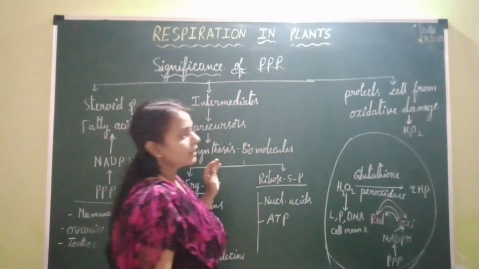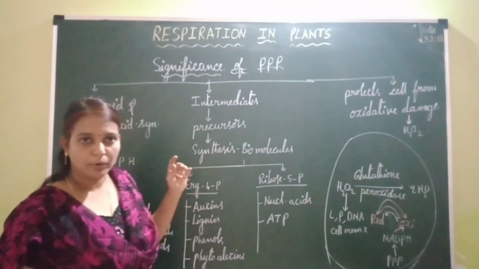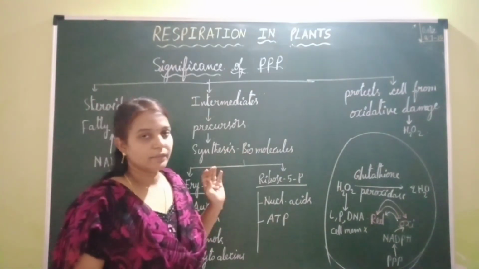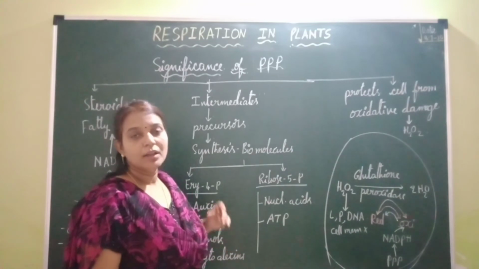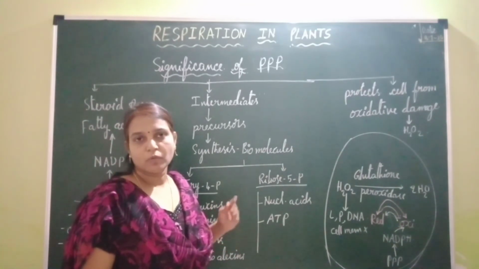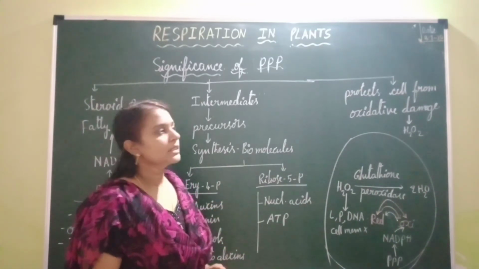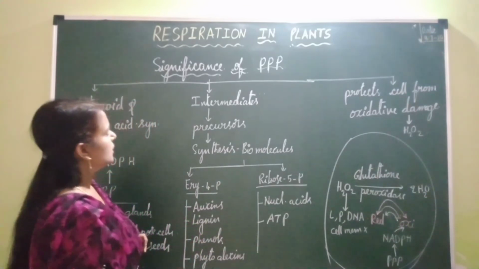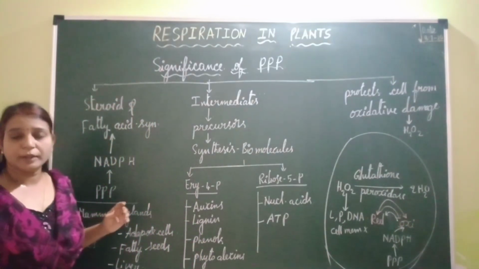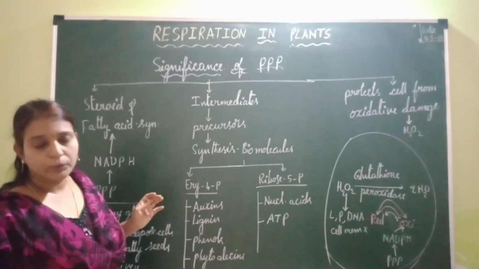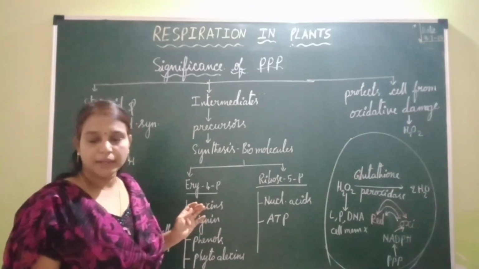So this is the way the pentose phosphate pathway is involved in protecting the cell from oxidative damage. This is all about the significance of the pentose phosphate pathway. Hope you understood this concept well. Thank you so much.